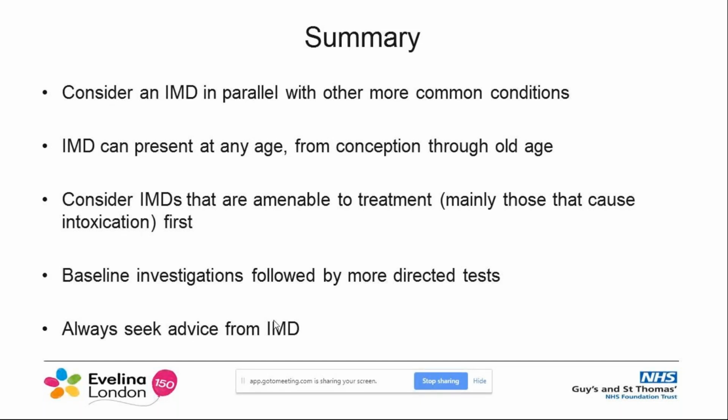Consider those that are amenable to treatment really early on, and we may be able to alter the outcome for these children. I hope I've given you a little bit of an overview of baseline tests and a few more directed tests. And really, we're always here on the end of the phone to give you advice, because it's much quicker and easier for us to give you advice rather than Googling maybe.